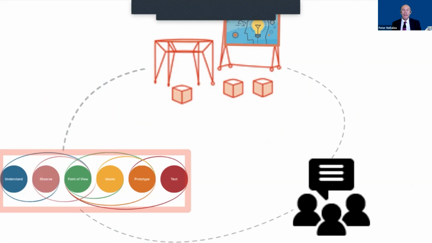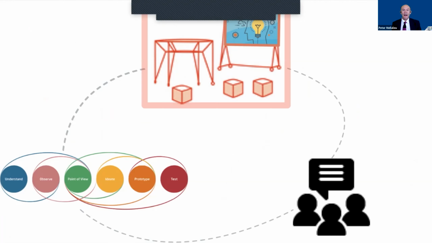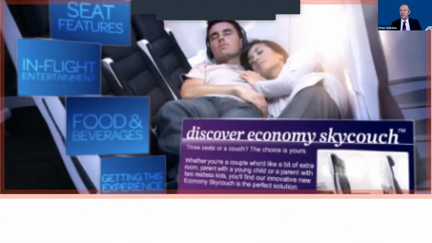So let's have a look now at an example. Some of you have travelled to New Zealand, and if you've travelled to New Zealand, you usually have to travel a long, long way. If you fly from Houston, which I've done, it's an 18-hour flight.